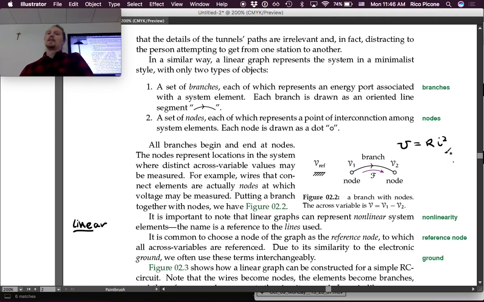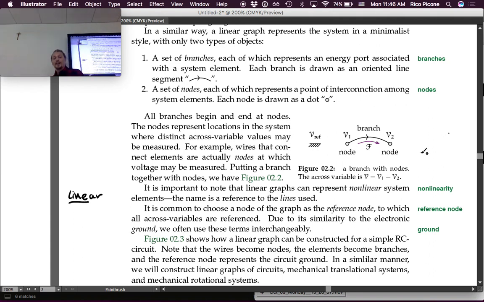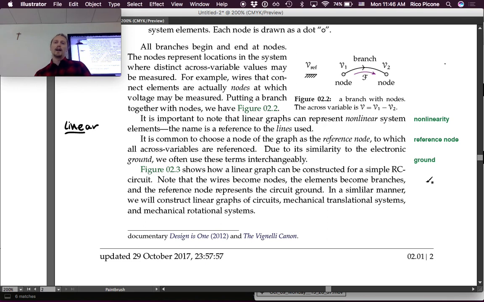R would have to be in something besides ohms, but yeah, that is a potential elemental equation. So it doesn't have to be a linear relationship, even though we're going to use a linear graph. It doesn't mean that the system's linear. Although we'll mostly consider linear systems in this class because they're nicer to work with, and they get us a lot of the way there on a lot of analyses. So, all right, good.